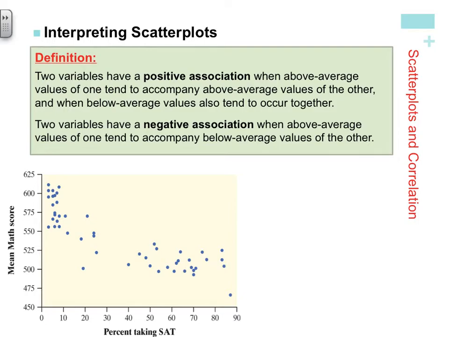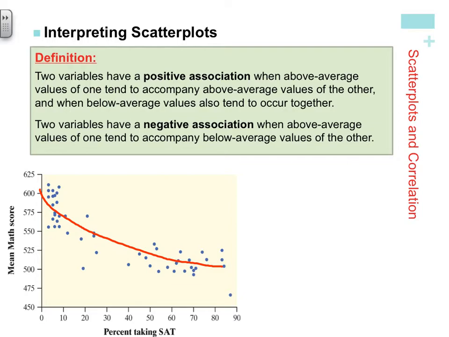What we're looking at is the percent taking the SAT being our explanatory variable, and our mean math score. This would be more of a negative association. You can see that it's following a downward pattern here.